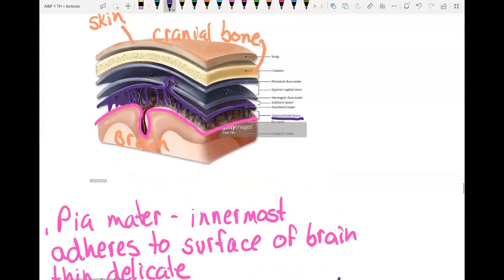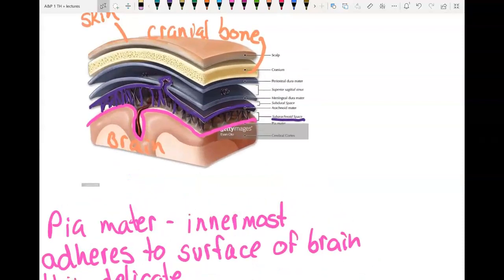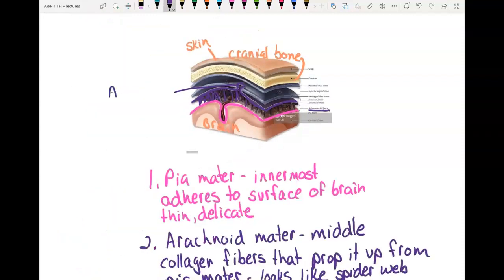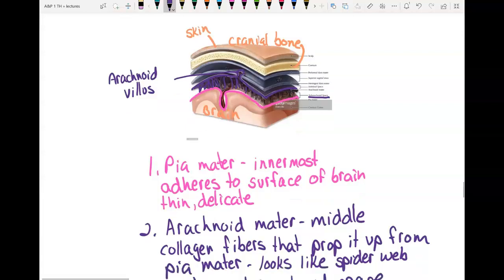Then, the little tree-like thing, that is an arachnoid villus. The purpose of that is to drain old cerebral spinal fluid.